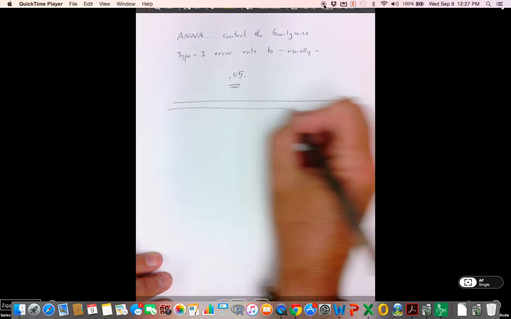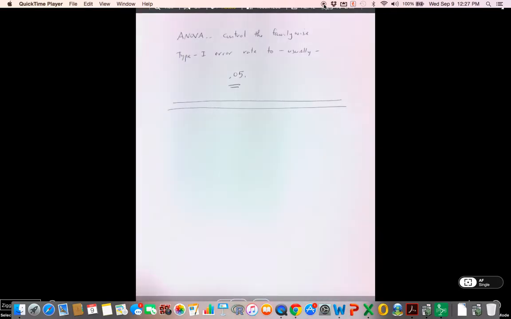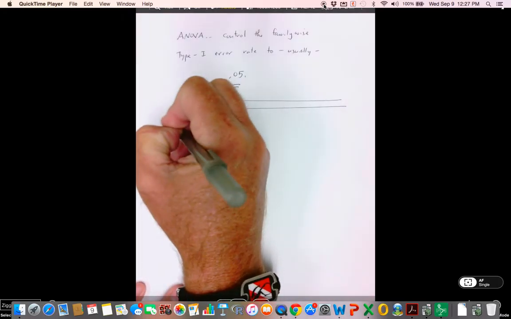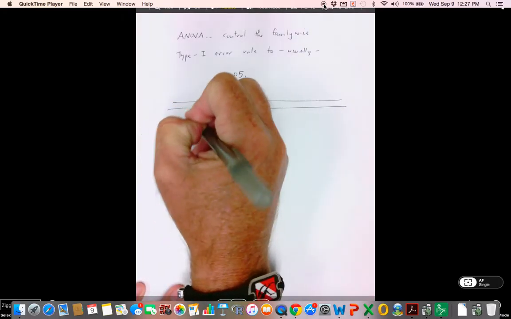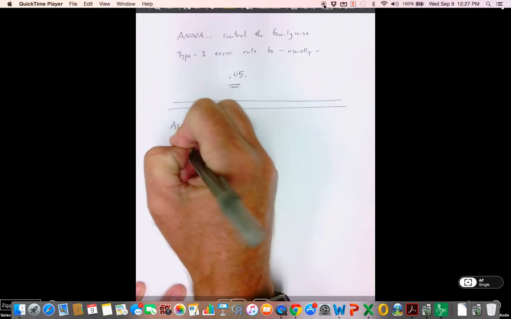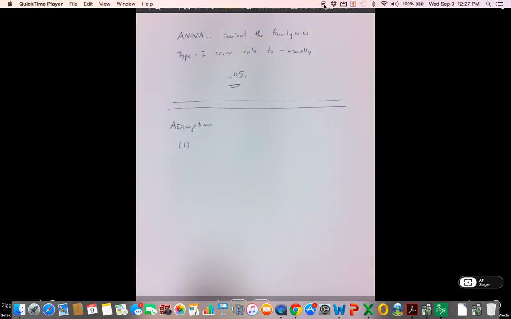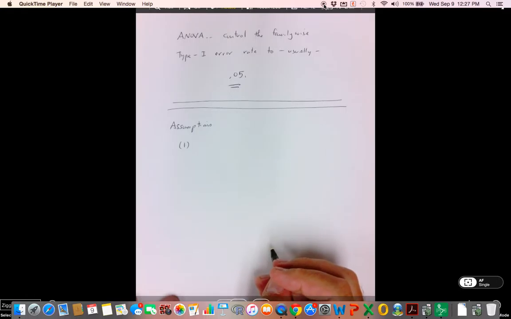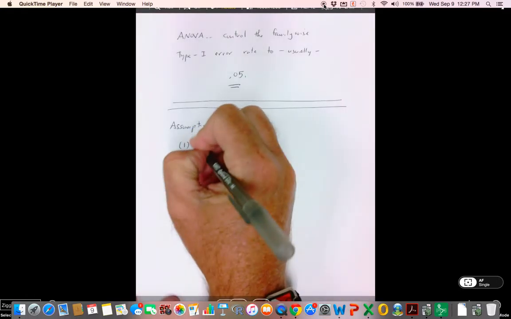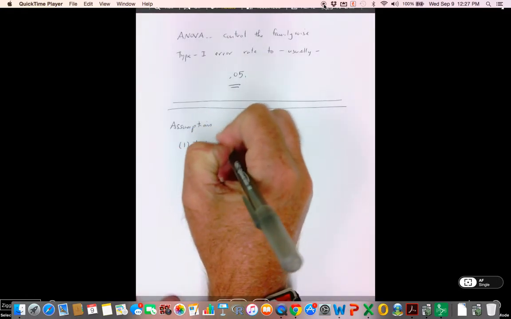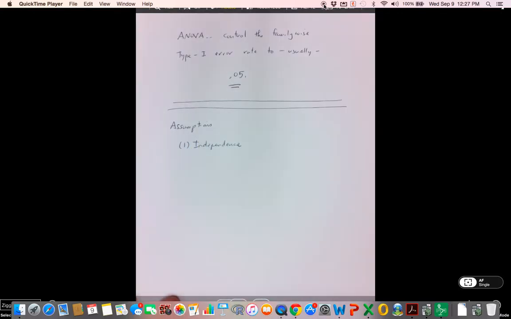Well, guys, how does this all work? Just like any test, we start out with certain assumptions. The most important assumption for ANOVA is independence.